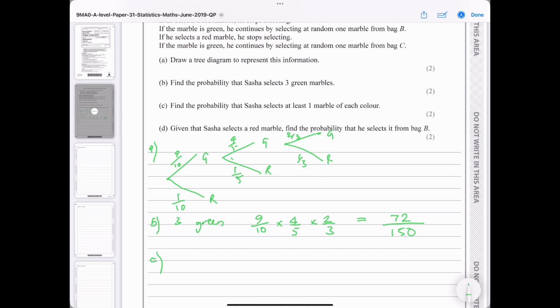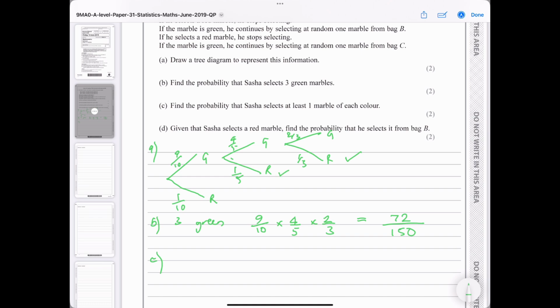Find the probability that Sasha selects at least 1 marble of each colour. Okay, there's only one way that can happen. Oh, no, there's 2.